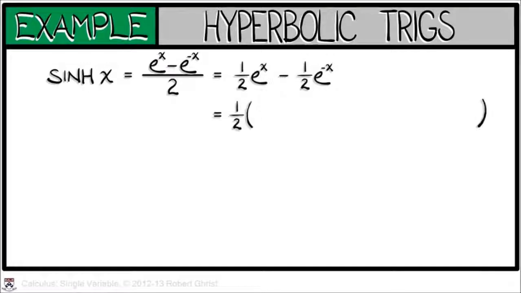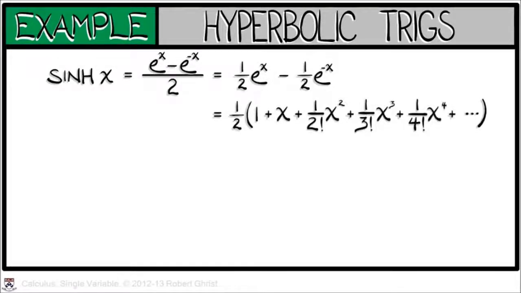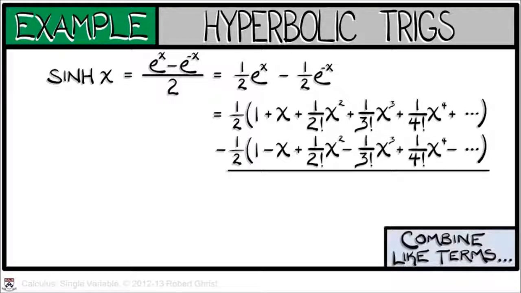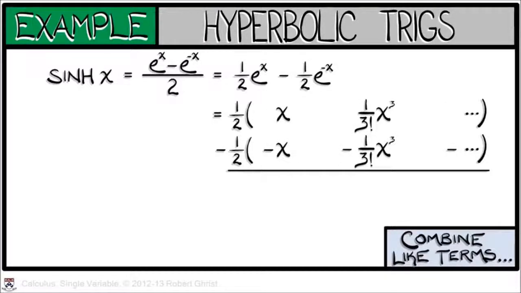Following the same method as before, we'll use the Taylor series for e to the x, and then the Taylor series for e to the minus x. But now, instead of adding these two terms together, we are going to subtract the latter from the former. This leads to a cancellation of all the even-powered terms.